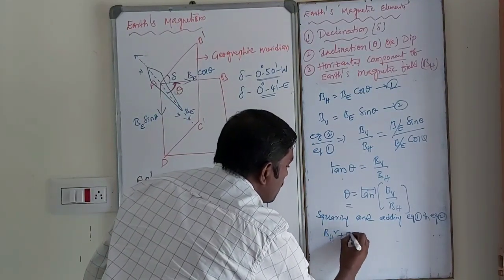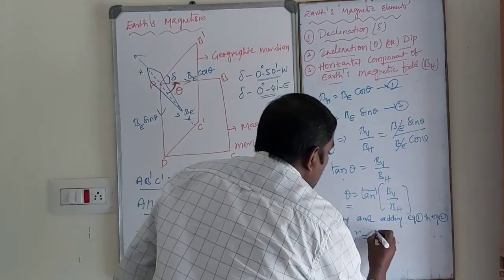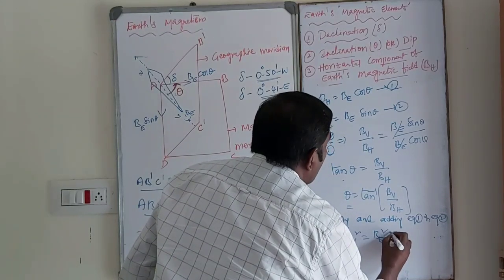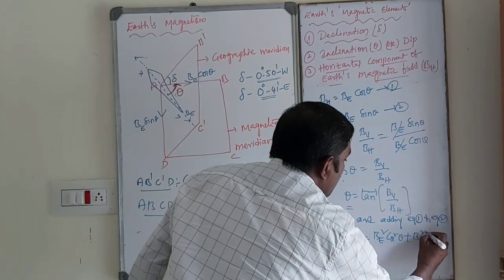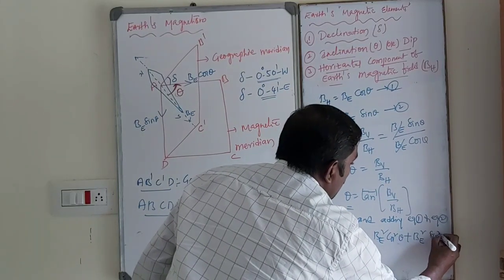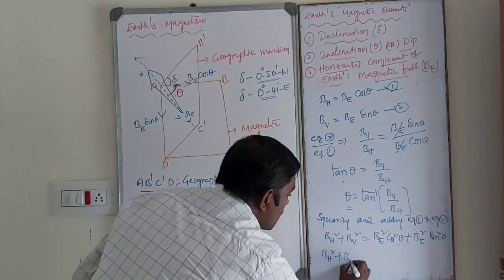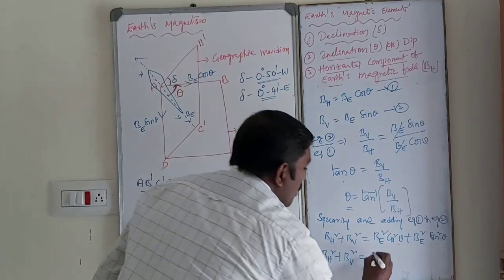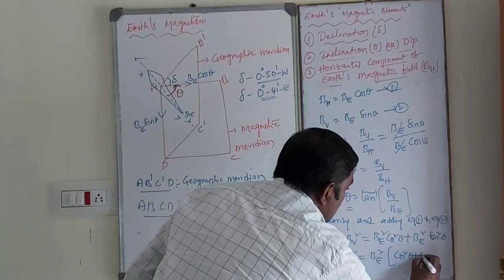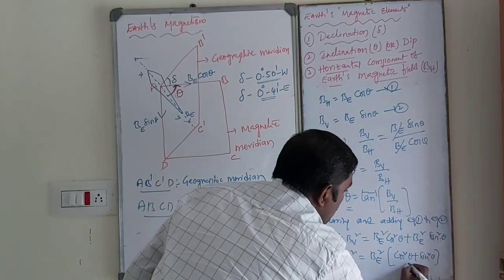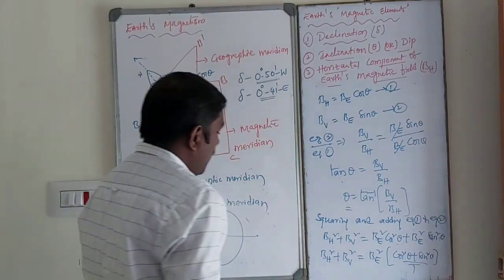BH square plus BV square is equal to BE square cos square theta plus BE square sin square theta. So BH square plus BV square is equal to BE square, taking it common, cos square theta plus sin square theta. This value is 1. The value of cos square theta plus sin square theta is 1.